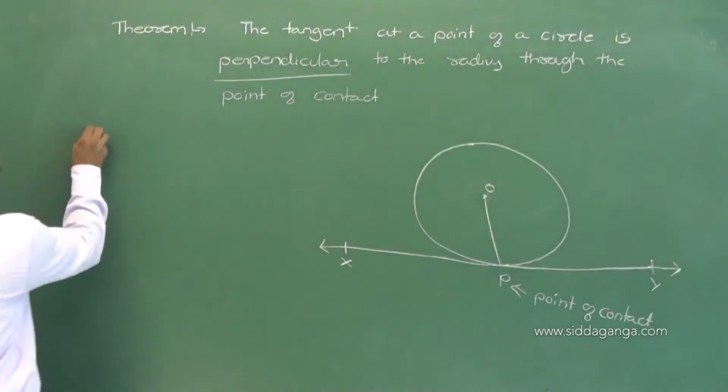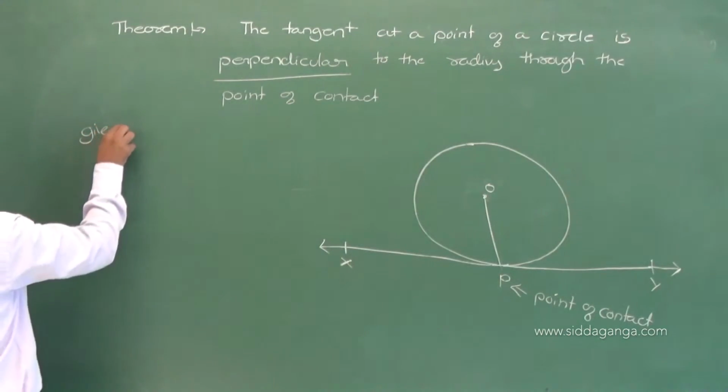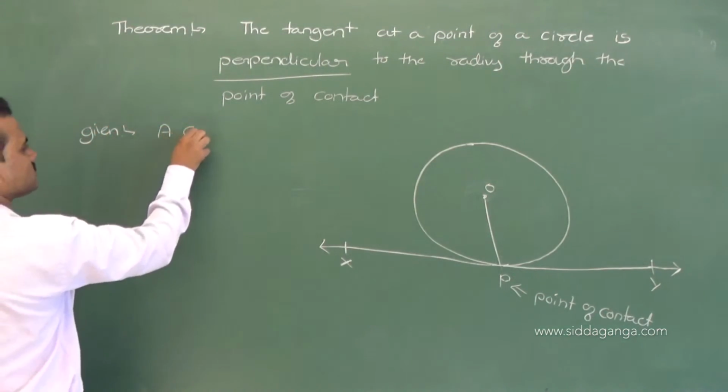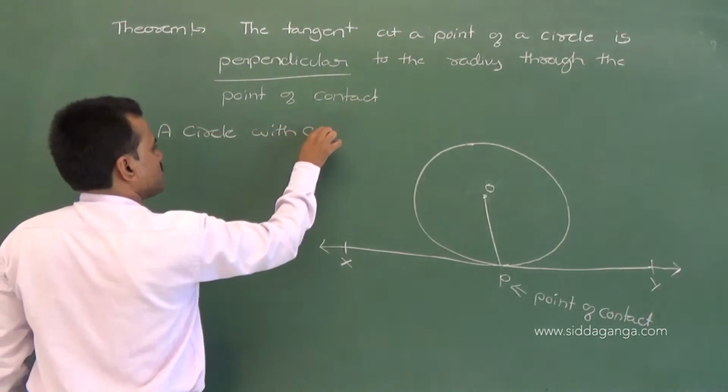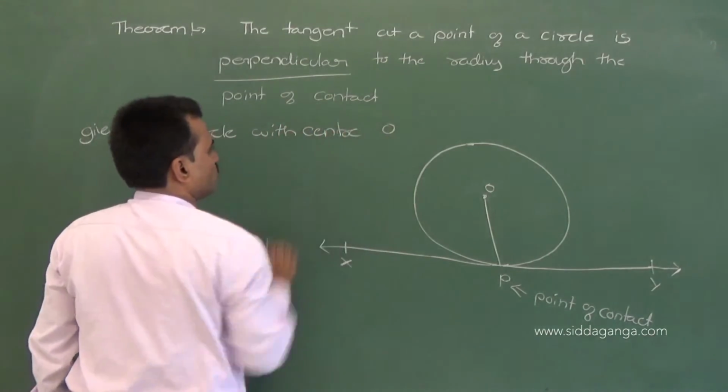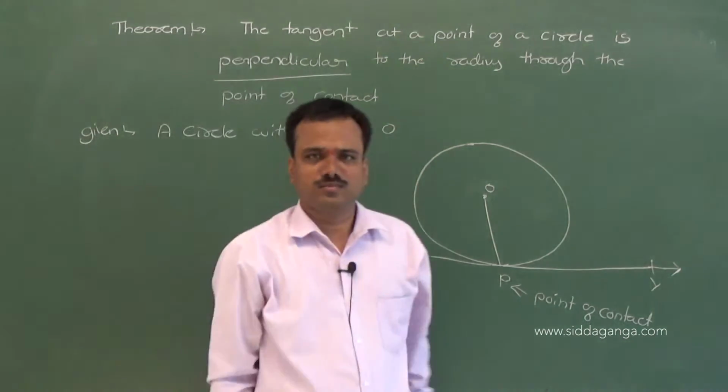So given a circle with center O, correct? A circle, what has he given?